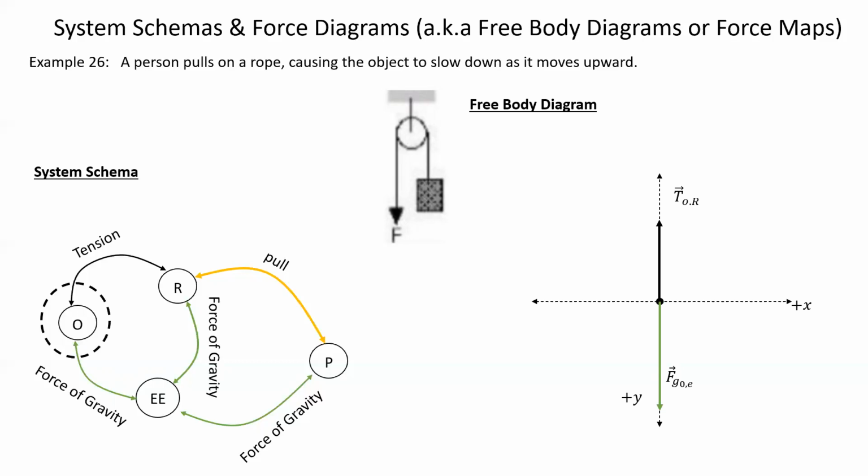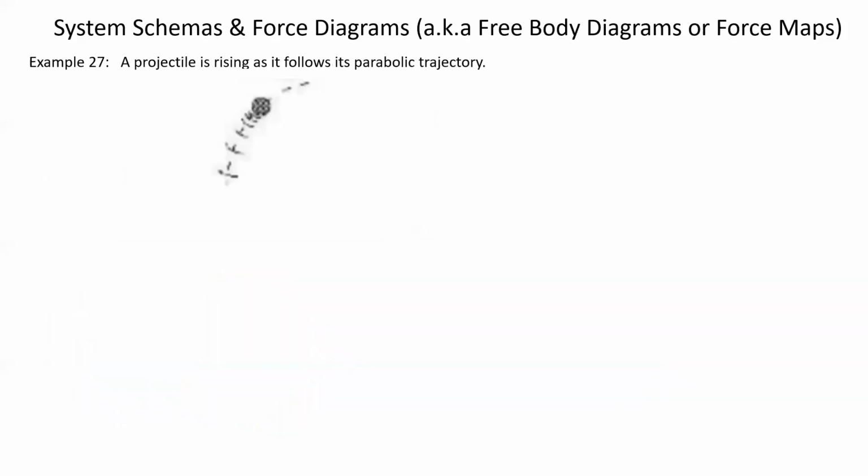Since the downward force is bigger, the net force will be downward. Notice that the positive y-axis is on the bottom. So the net force will be the gravitational force minus the tension force. Again, this is not an equilibrium. The net force is not zero. It's gravity minus tension.